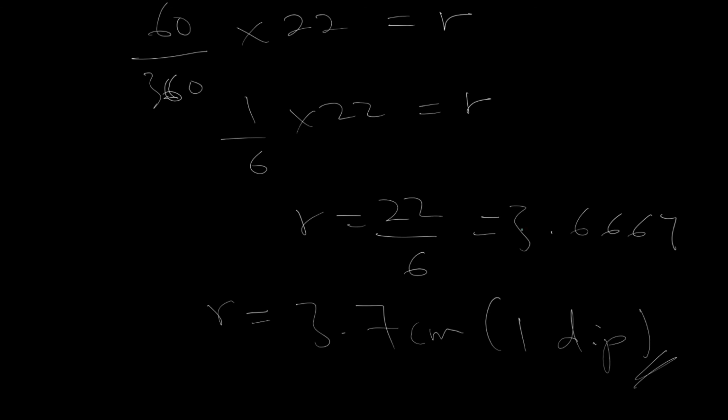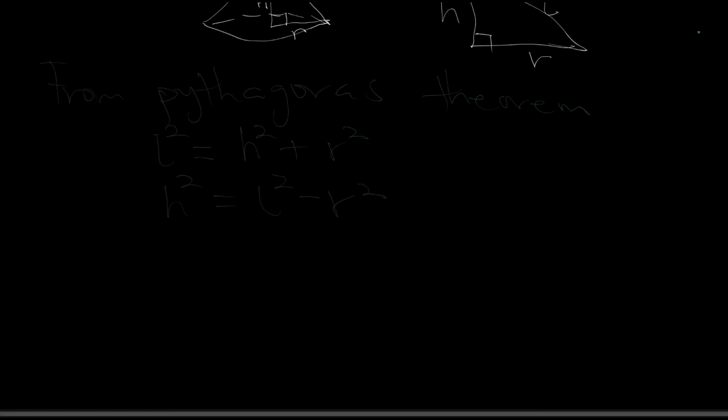If we use 3.7 instead, we get an approximation error. So to prevent the approximation error, we use the raw value of r instead of the approximated one. Take note. Now that we know our values, let's move on to calculate our h.